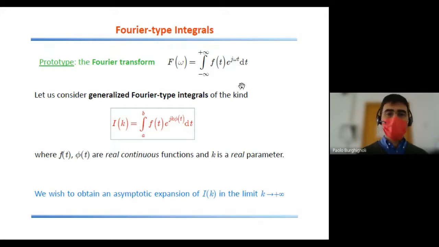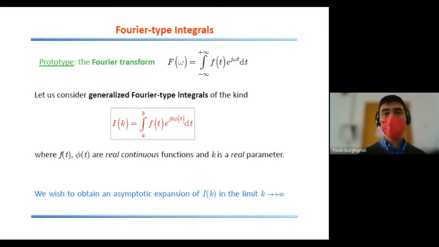We will generalize this standard Fourier transform by considering integrals along finite intervals, that is from a to b. And also we will allow the exponent of the exponential to contain a general function phi of the integration variable t, which is multiplied times a parameter that we will call k, which again will be a large real parameter.